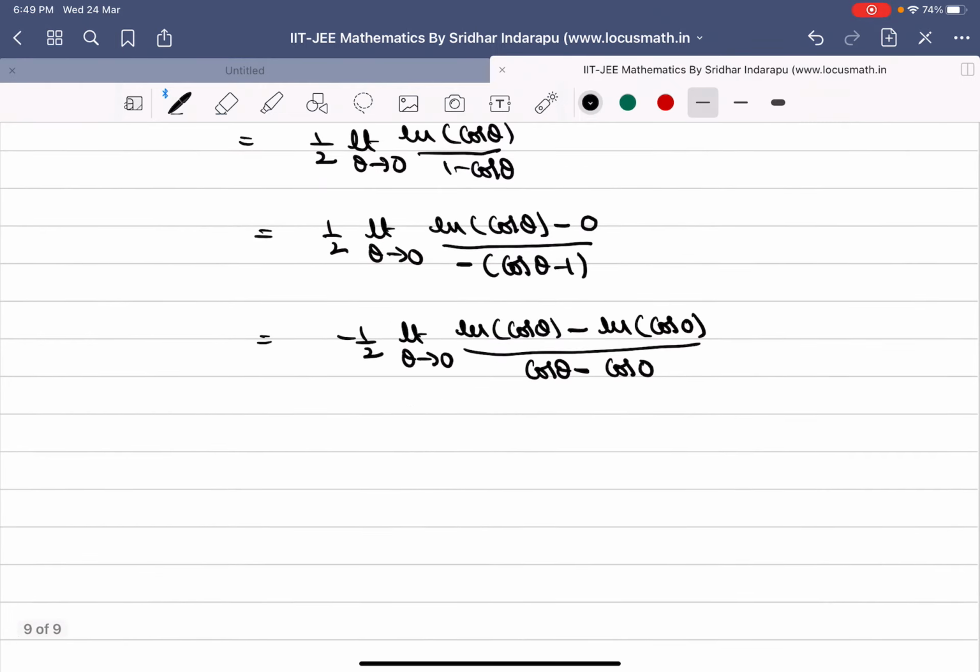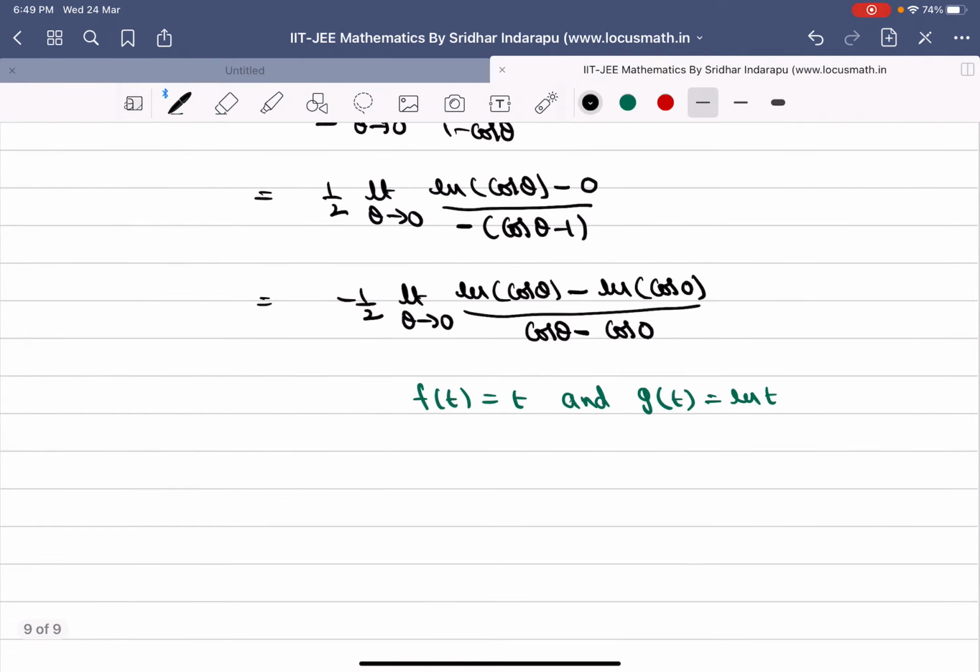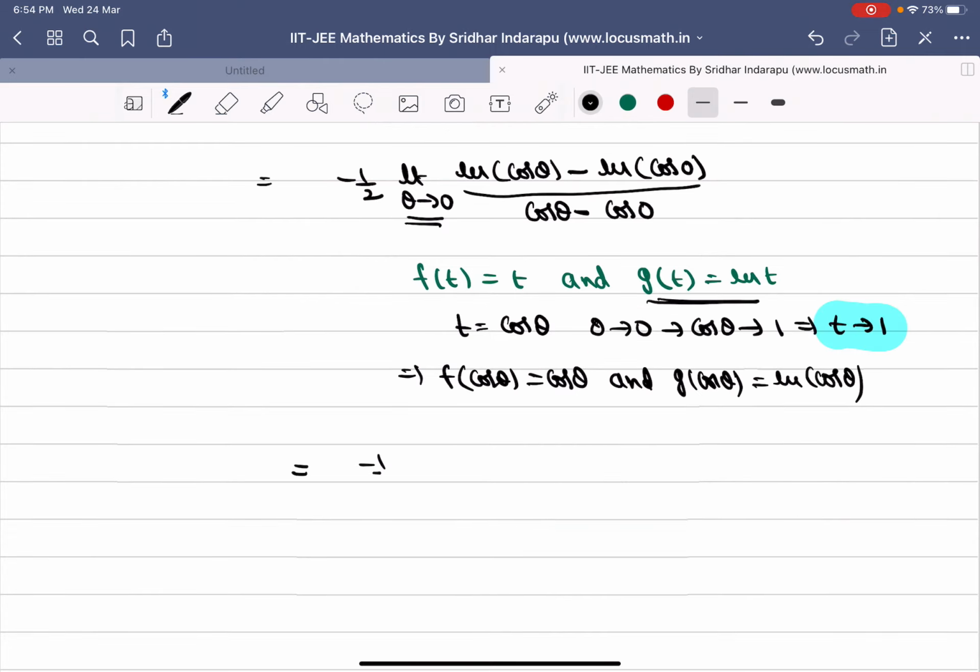Now, here you define two functions: one is f of t equal to t and another one is g of t equal to ln of t. So now, if t is equal to cos theta, then f of cos theta is cos theta and g of cos theta is ln of cos theta.